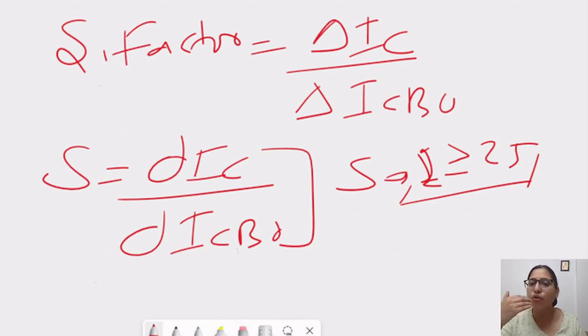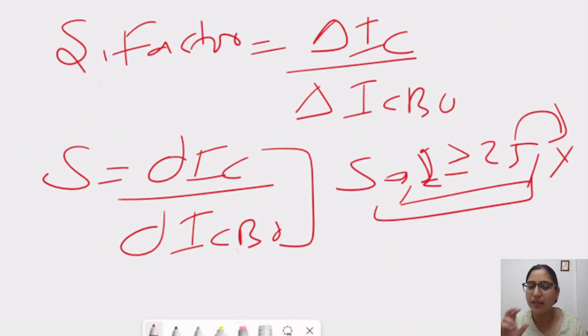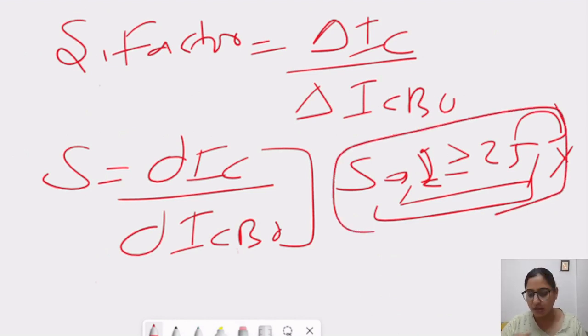When the value increases beyond 25, the output is not received in the proper manner; the output will change from the input. So 25 is the maximum limit for the stability factor from which we can get the output, but after that the output is distorted. So this is our stability factor for the transistor.